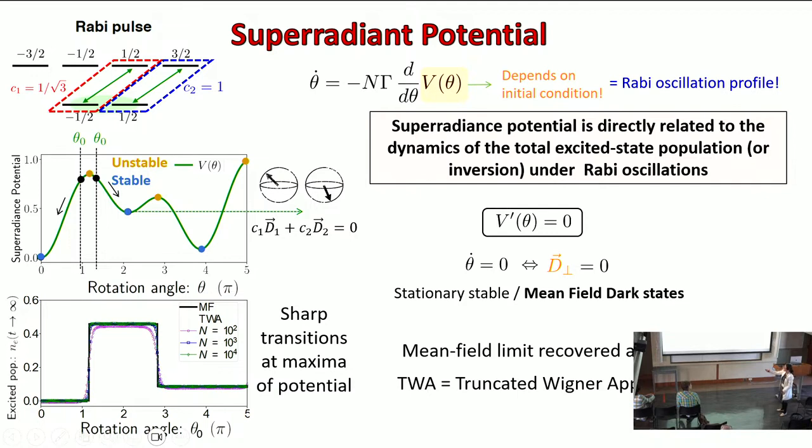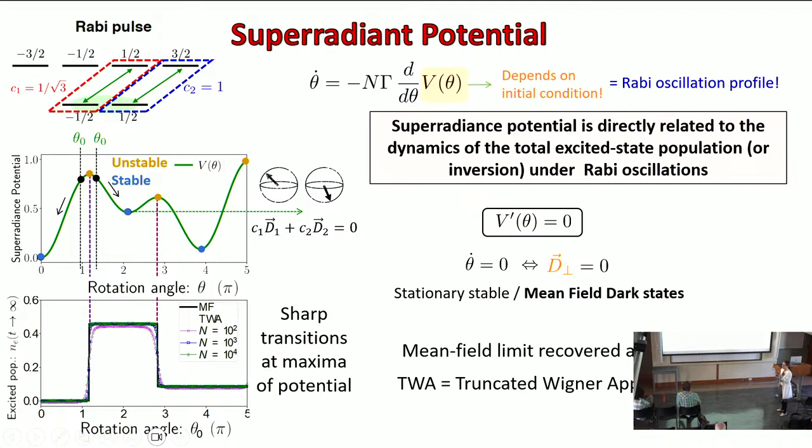That is, all this region goes to the ground state, all this region goes to the steady mean field state, and all these points go to this other mean field dark state. And the regions are separated by sharp transitions at the unstable points as expected from the mean field, and the curves converge to the mean field solution with increasing particle number.